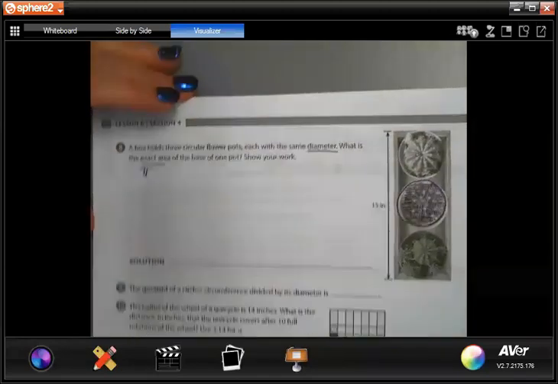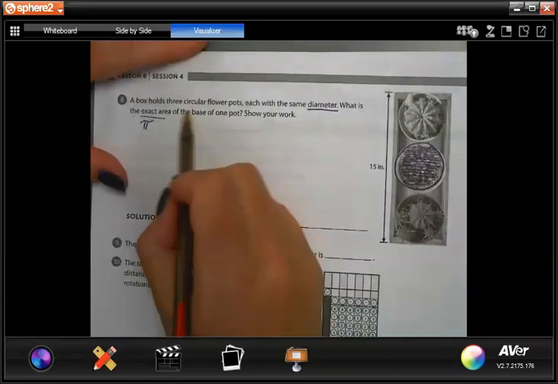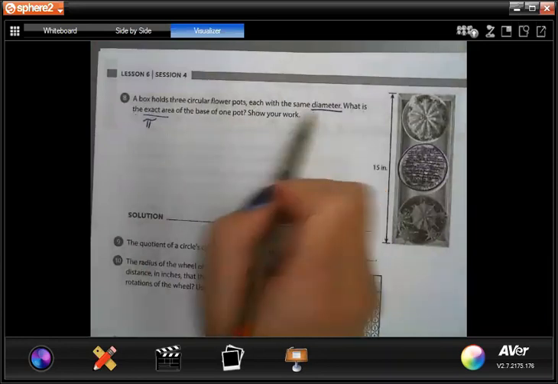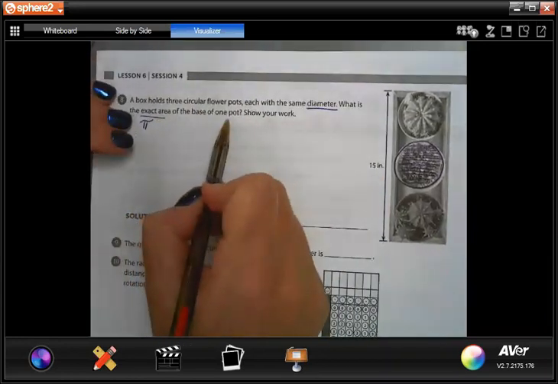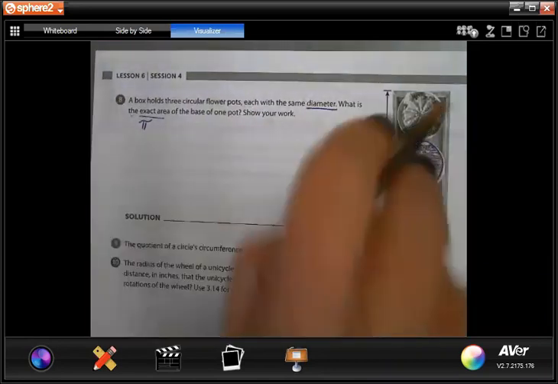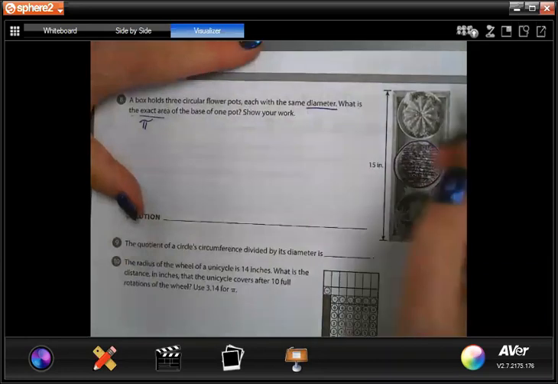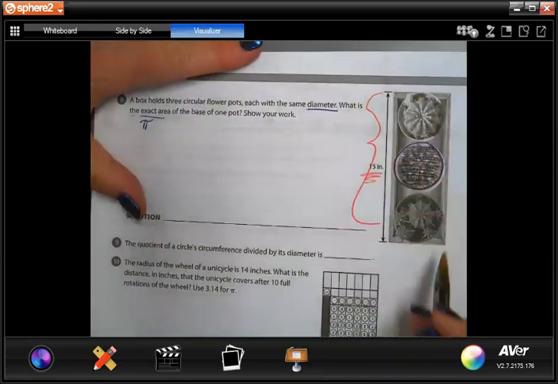All right, so this one's a little more complex. A box holds 3 circular flower pots, each with the same diameter. What is the exact area of the base of just one pot? Okay, so if you look at this right here, we only want one pot. Well, we know this whole side is 15 inches.